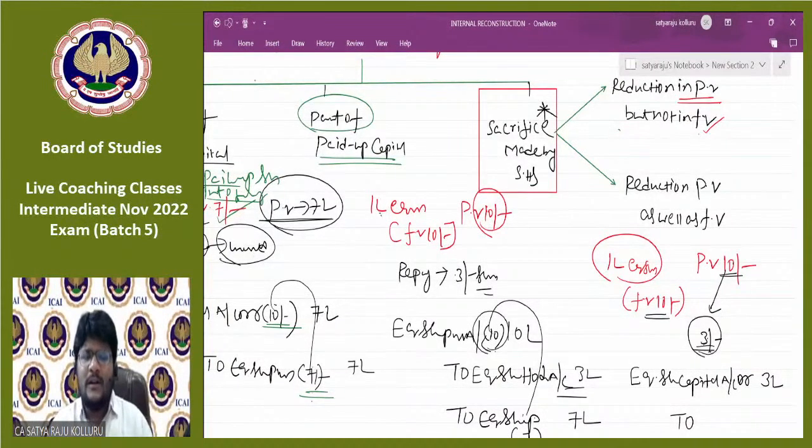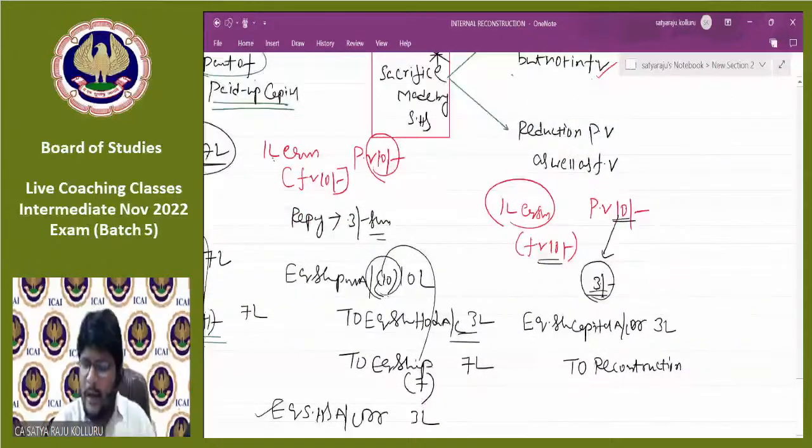Whatever the profit or whatever the loss that occurs during the process of internal reconstruction is ultimately transferred to one specific account, which is known as the reconstruction account, which is a temporary account, guys. If you want to put X account, yes, you can put. If you want Y account, you can put.